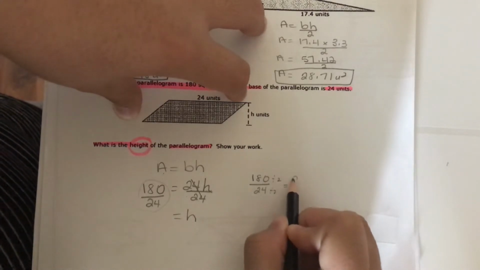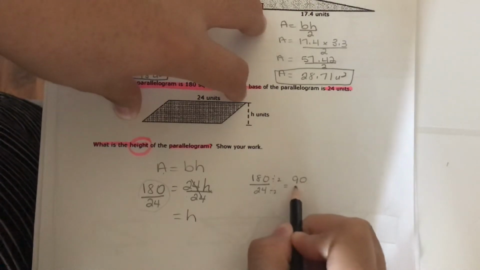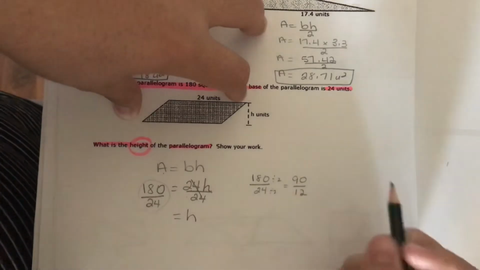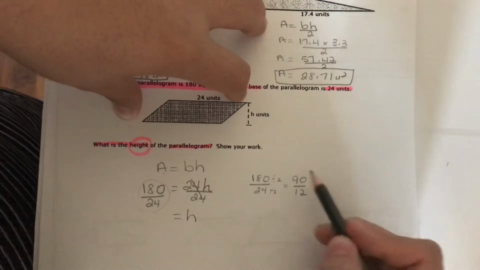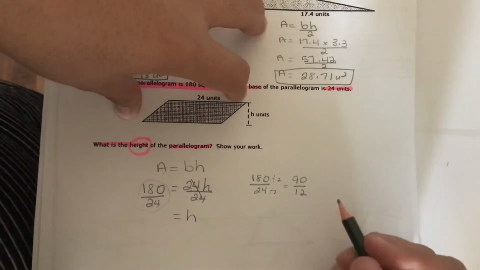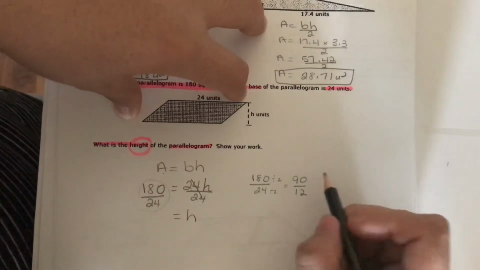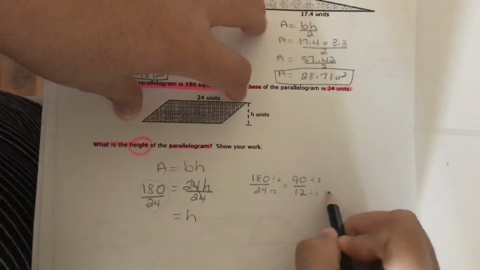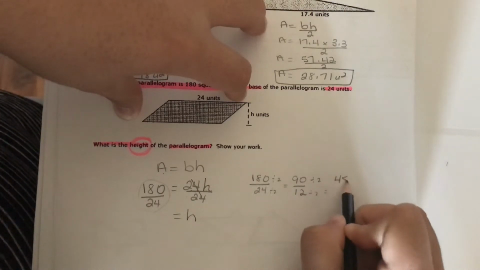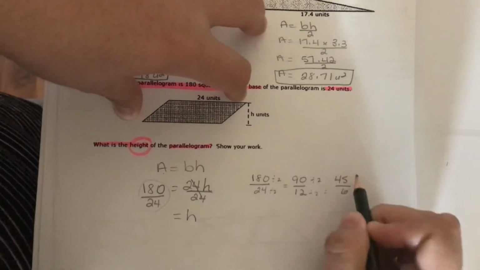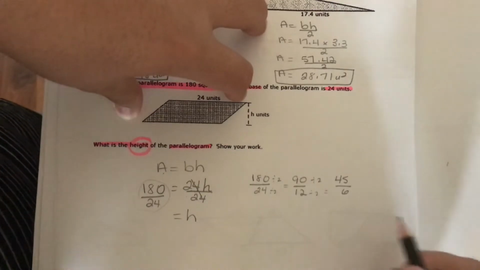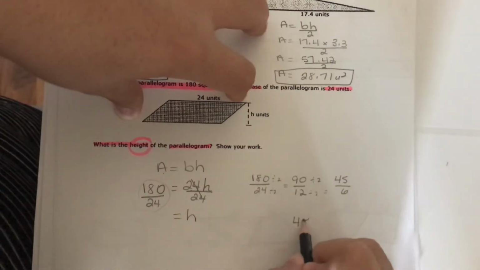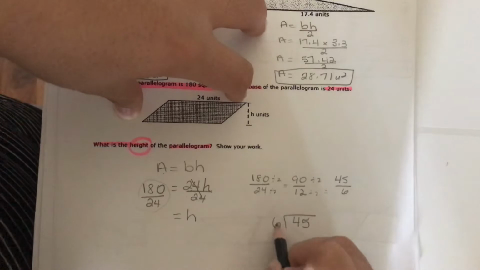This would become 90 over 12. Those look like easier numbers to divide. But even if you want to go lower, you could simplify by 2 again. And it becomes 45 over 6. Those are a lot easier to divide. So you do 45 divided by 6.